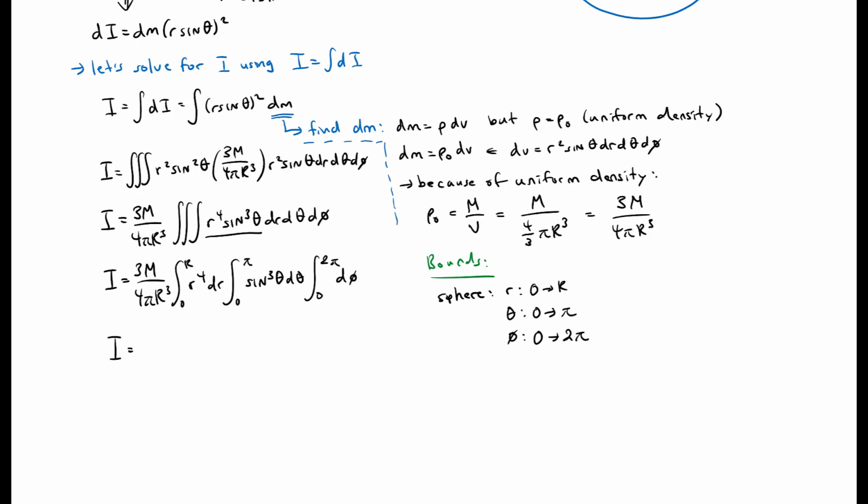Now I have I is equal to 3m/4 pi r cubed. This will be r to the 5/5 from 0 to r.